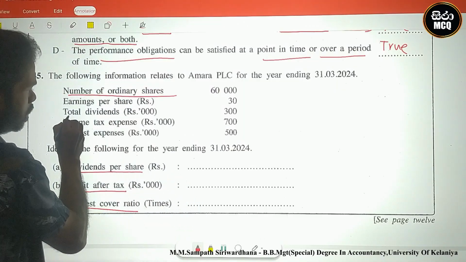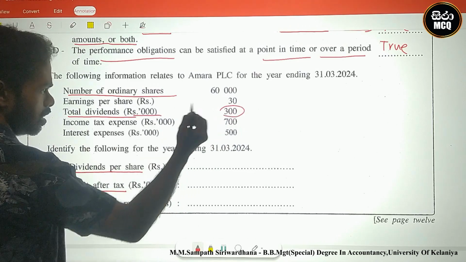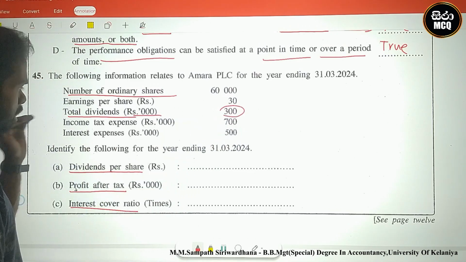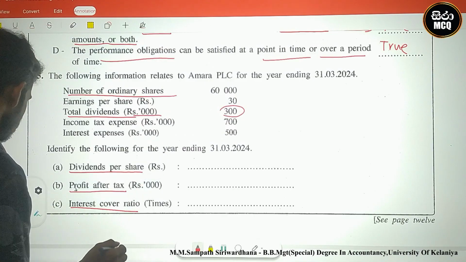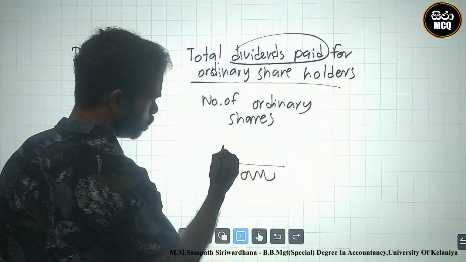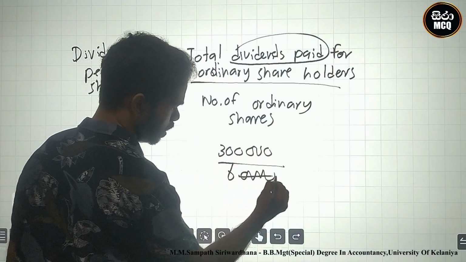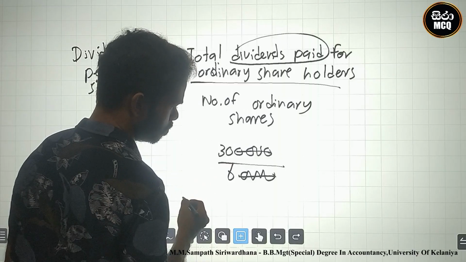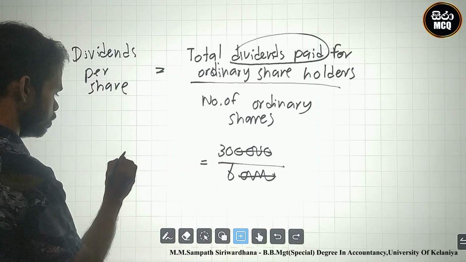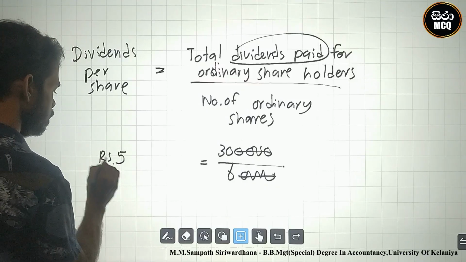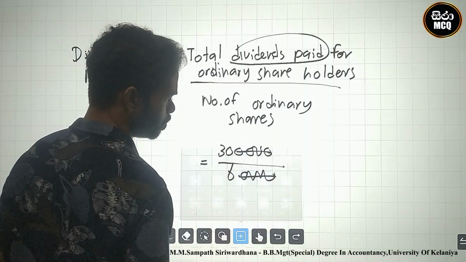Next one, total dividends, 300,000. Then there are income tax expense and interest expense. So 300,000 is the total dividends. We divide it by 60,000, and the dividend per share is 5 rupees.